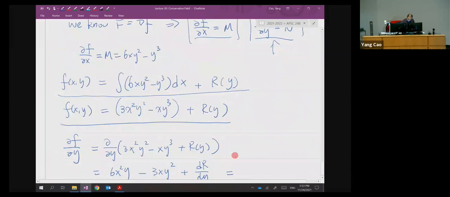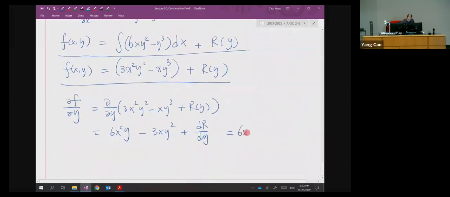So this is your n here. What's nice in this question is that these two terms cancel on both sides.